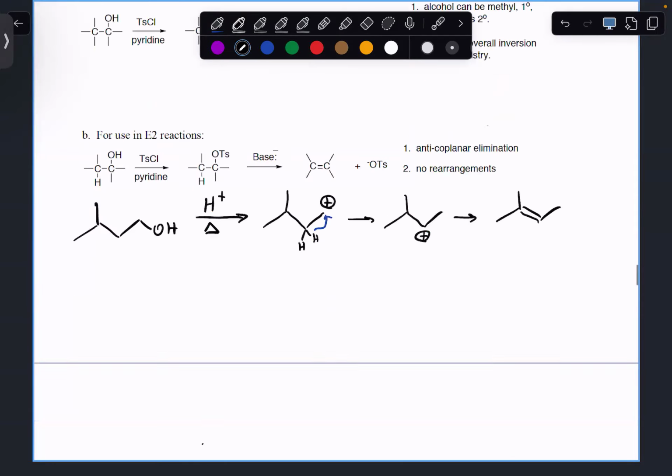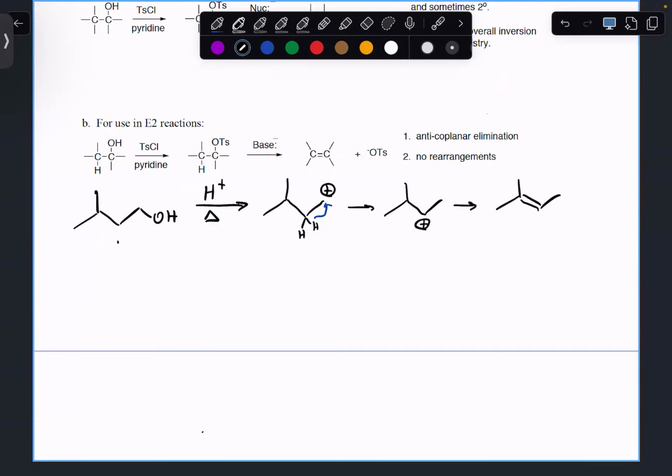Now, the benefit of tosylation: tosylates, they don't go by E1 mechanism. Tosylates, you're going to eliminate in base. They eliminate via an E2 mechanism.